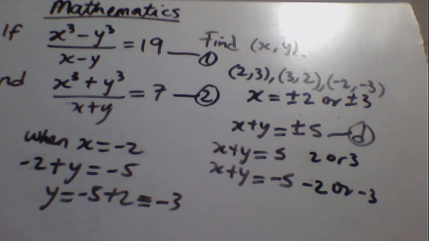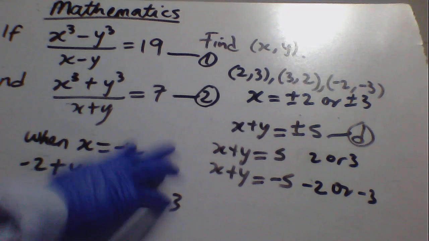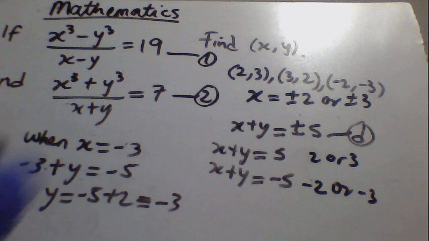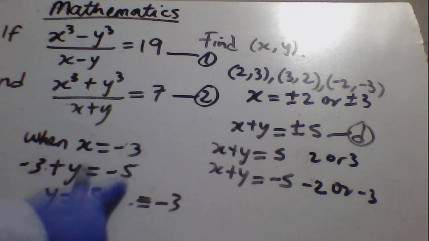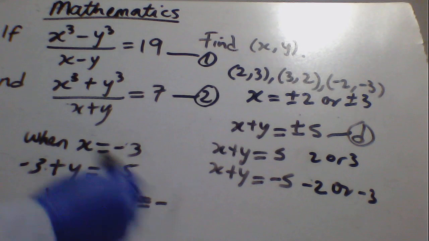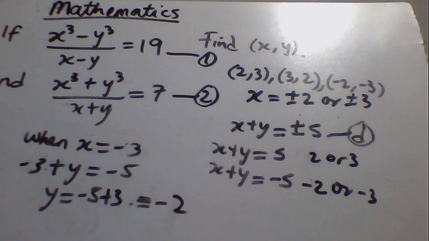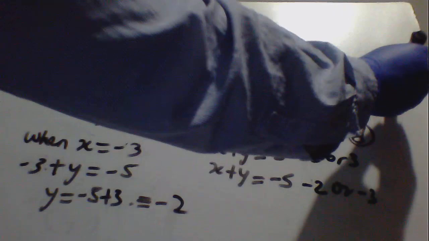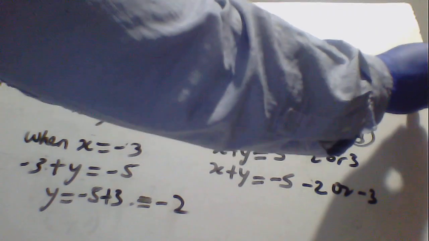So lastly, when s is minus 3, we have minus 5 plus 3, and that gives us minus 2. So here we have minus 3, minus 2.